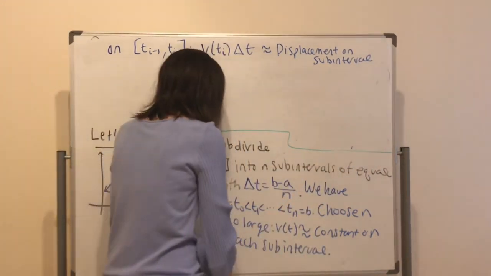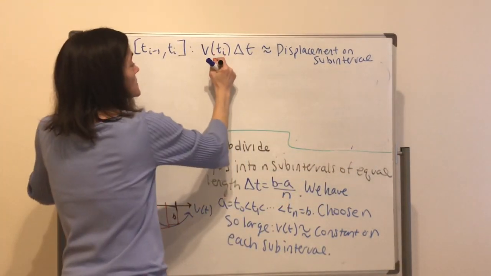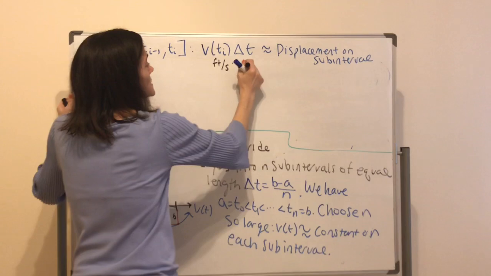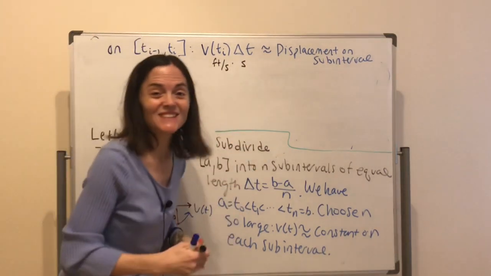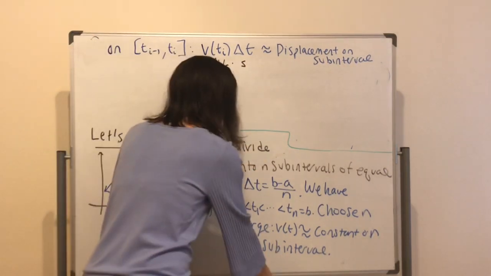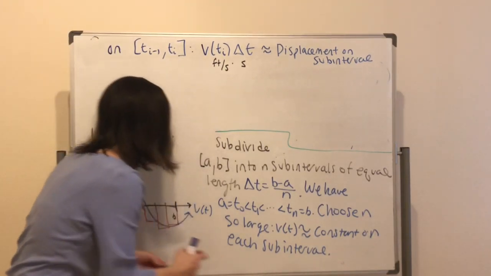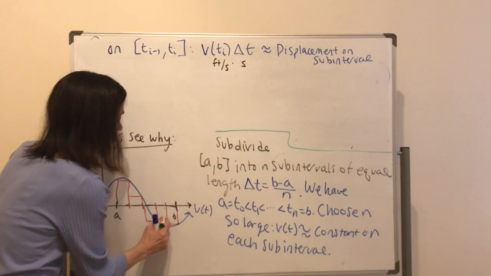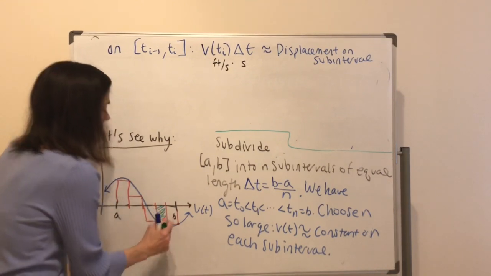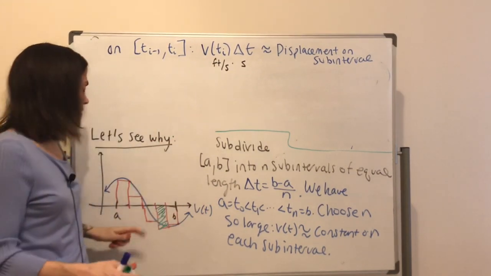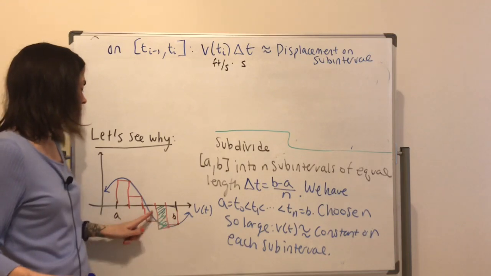And again, as I mentioned, you could think about units. If this was in feet per second and this is in seconds, you do have feet, okay? And it can be positive and negative. For instance, if I take one of these subintervals here, my displacement is negative on that subinterval, and same with this one and this one.